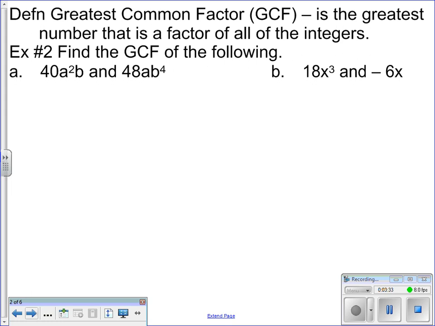So what we want to do is figure out the greatest common factor for these 2 terms, 40 and 48, and also use the variables. So I want you to take a moment, break down 40, write down all of its factors, break down 48, write down all of its factors underneath the 40, and then wait for me there.